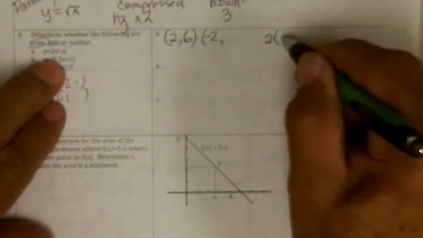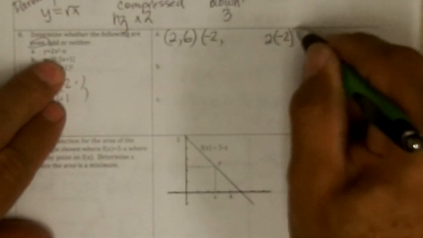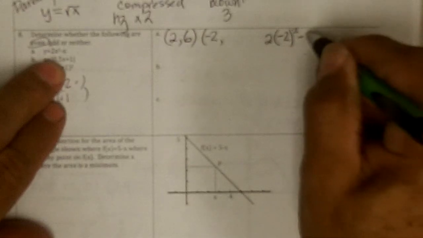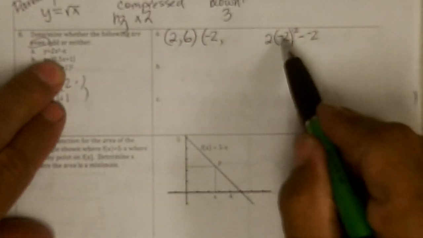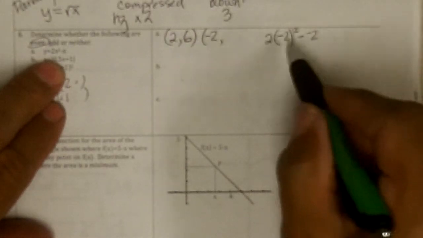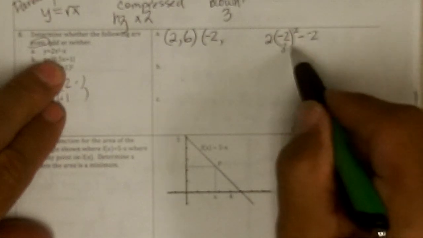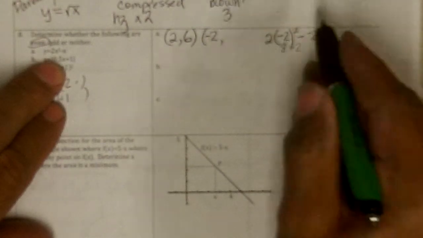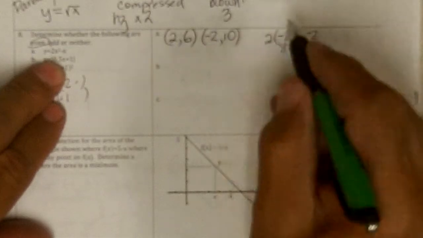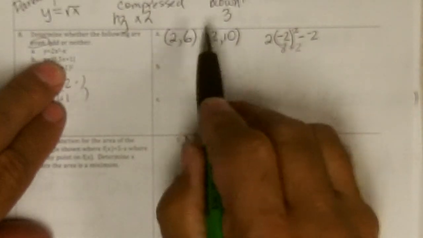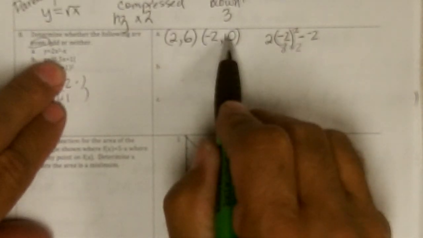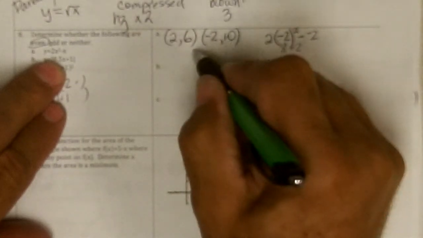Let's write it out here because this gets a little confusing. Minus, and we're putting in negative 2. So that's 4 times 2 is 8. Subtract a negative, that's add, plus 2 is 10. We didn't get the same number, and we didn't get the opposite of the number. So it is neither.